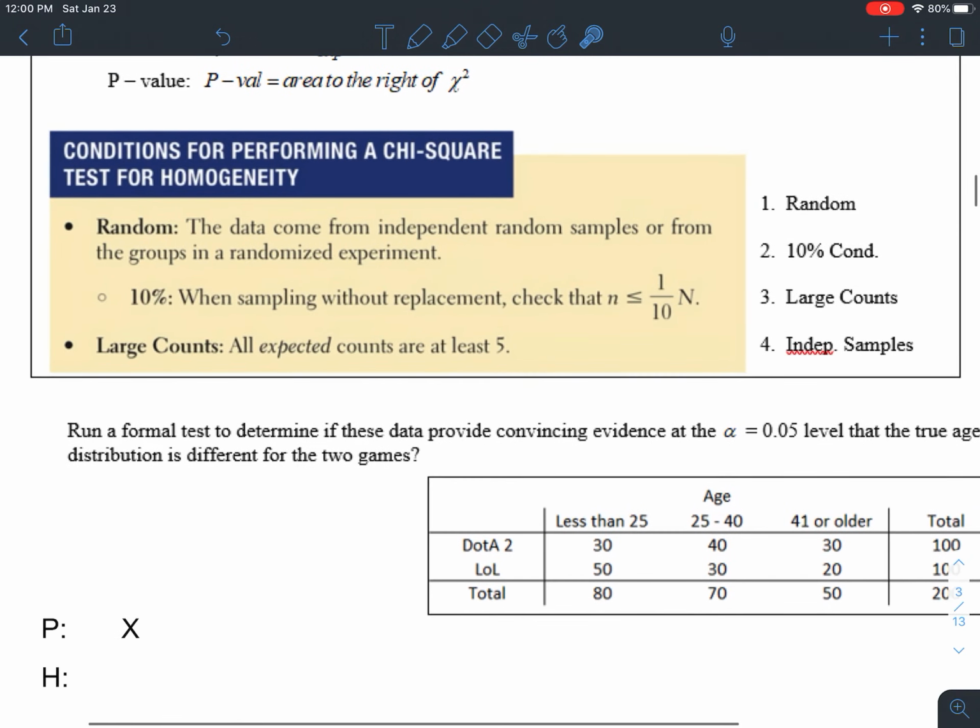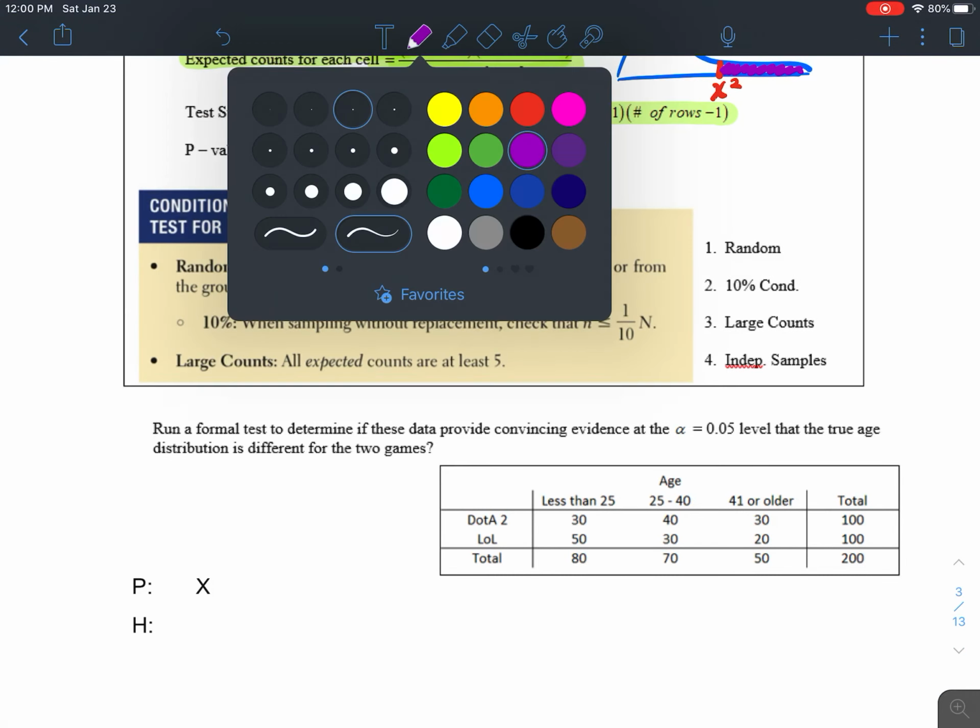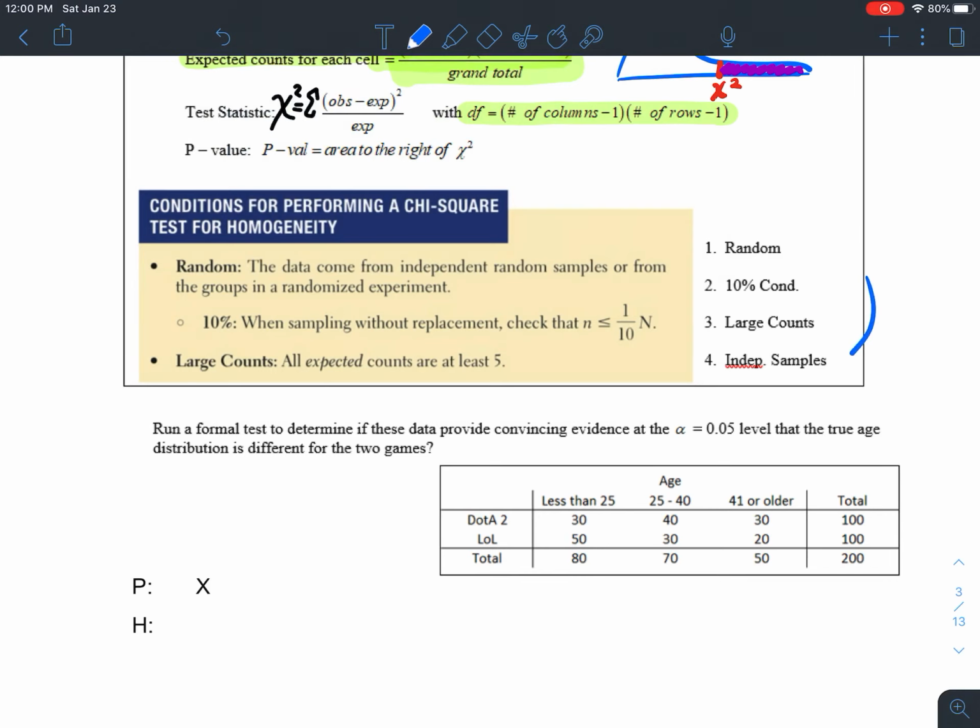I would like for you to make a note that this independence, making sure that the samples are drawn independent of one another and that they're not somehow mysteriously linked together, that one would influence what the other one was in any way, is always a condition when there are two samples taken. We experienced this in chapter 10 when we were drawing two samples.